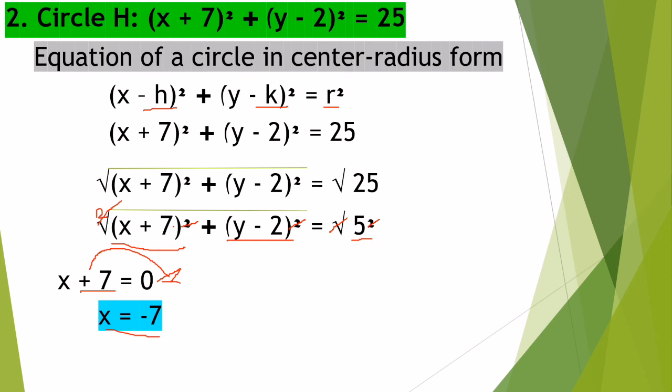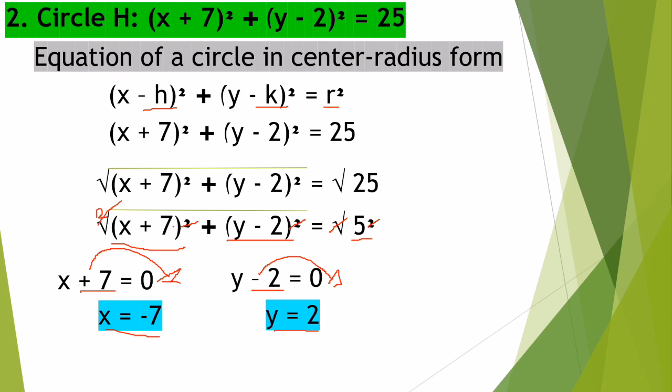At ang pagkuha ng coordinate ni y or value ni y, equate din natin siya into 0. Kaya meron na tayong y minus 2 is equal to 0. So, kung ililipat natin si negative 2 or ang ating constant or number sa kabila ng equal sign, papalitan din natin ang kanyang sign. Ang negative magiging positive, meron na tayong positive 2.